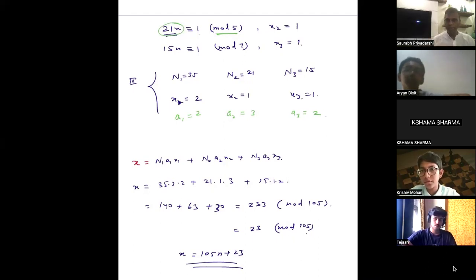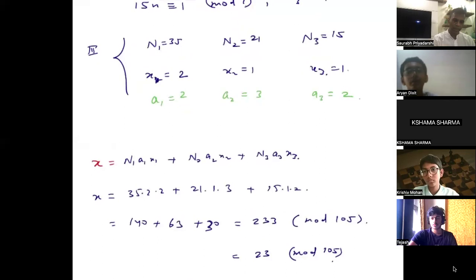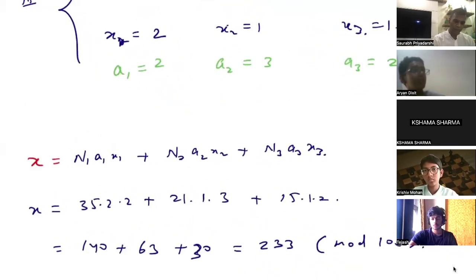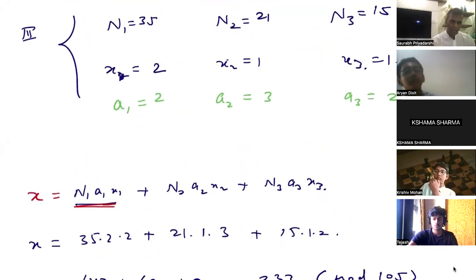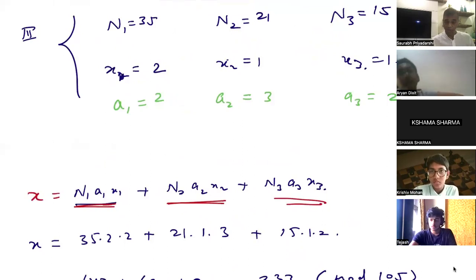So why is the value of x equal to n1, a1, x1, and so on? If you'll see this now, so what is the number coming? Every time when you are dividing this by 3, this will be 0, this will be 0. Obviously always divisible.